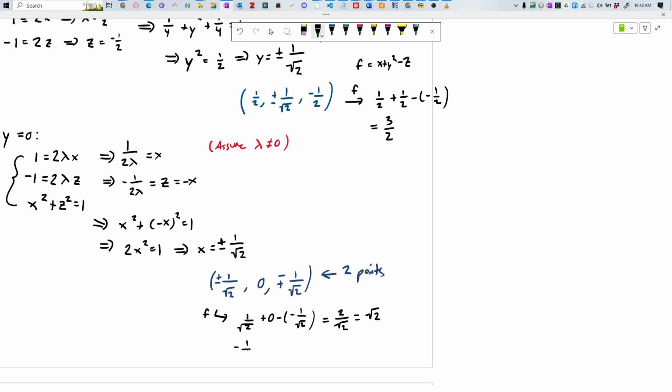Or you have the case negative 1 over root 2 plus 0 minus 1 over root 2, which is going to be negative 2 over root 2, which simplifies to negative root 2. Okay. And just to make comparisons easy, I'm going to do decimal approximations. So 1.4, negative 1.4.